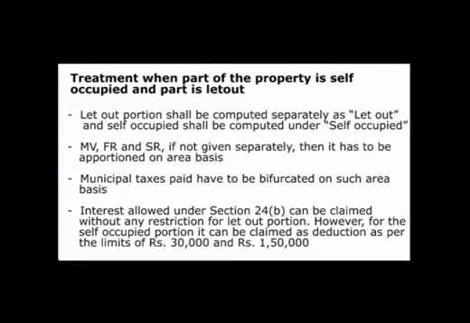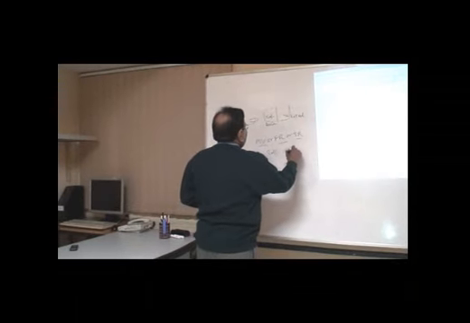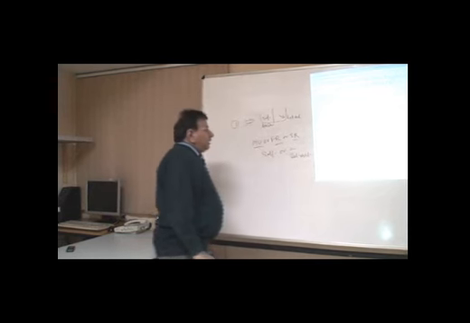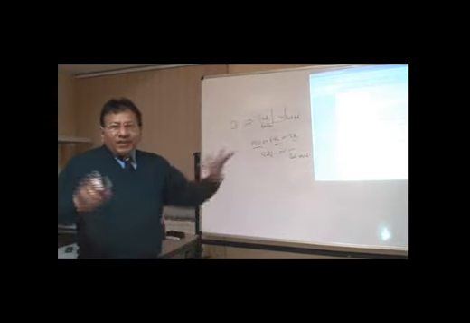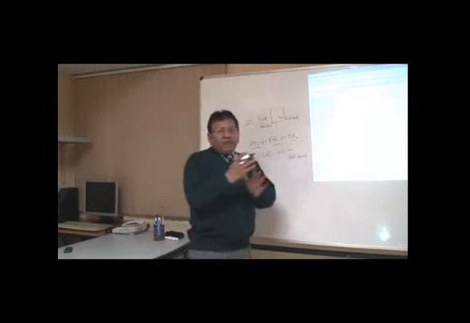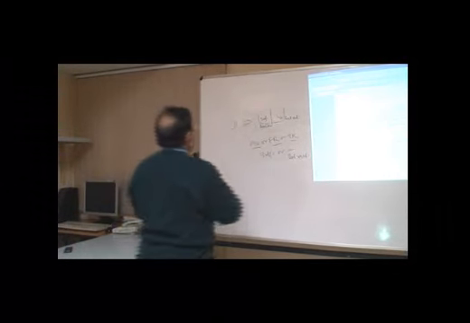Number 2, where the municipal value or the fair rental value or the standard rent is not given separately for the self-occupied portion and the let out portion of the property, then we will have to make an apportionment between these two based on the floor area.